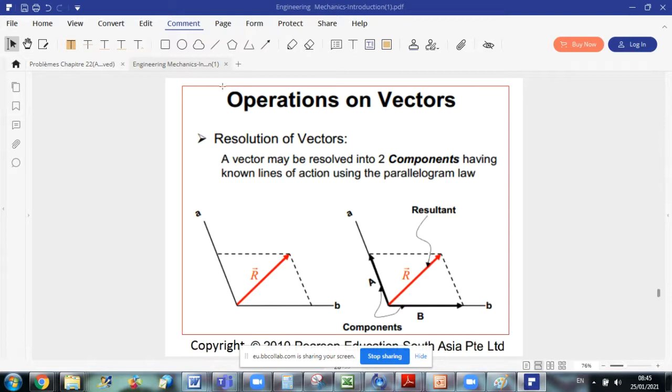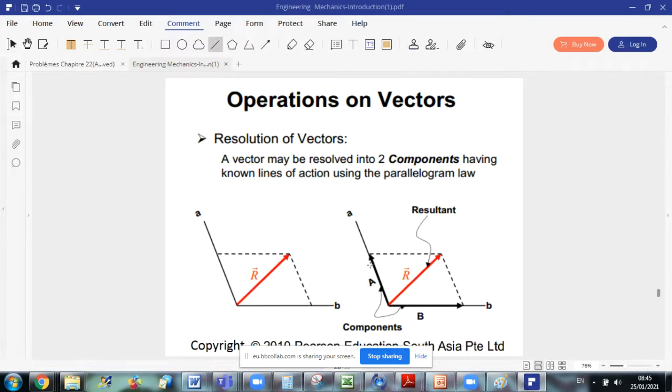How to do it? To get the component along the A axis, I take the parallel to B axis. It will have a certain intersection with A. As you can see here, this is the magnitude along A. You can also have the vector not starting from the origin. If the vector is like this, how can I find its projection on A?